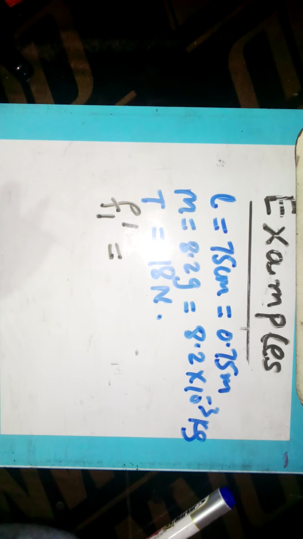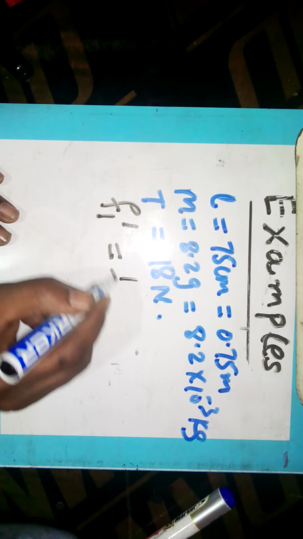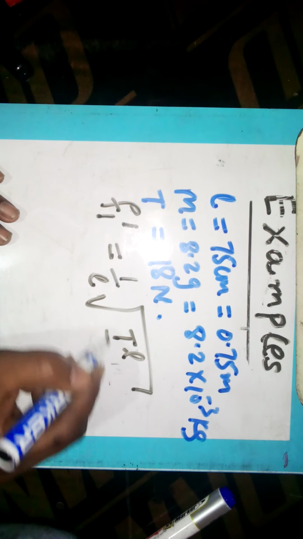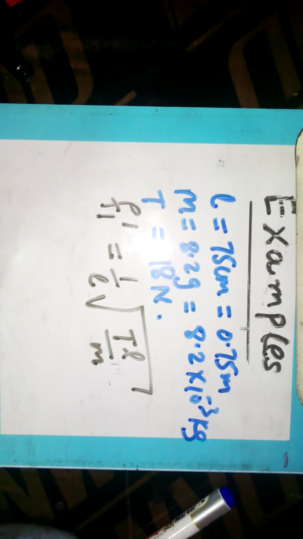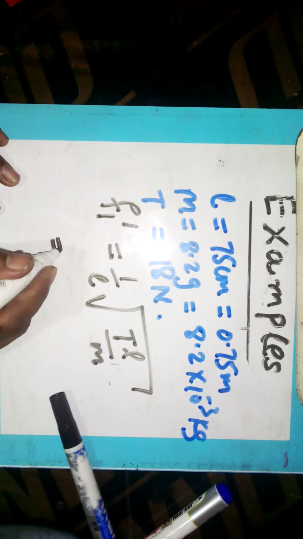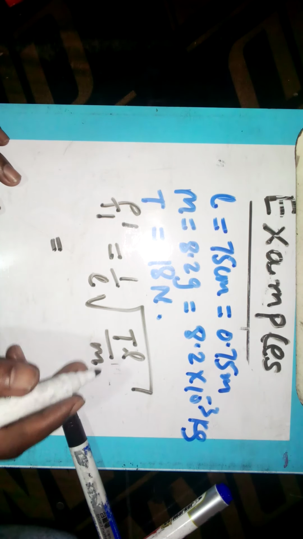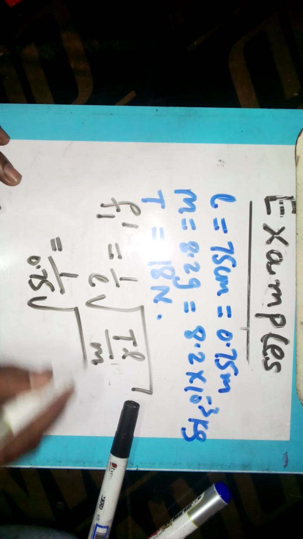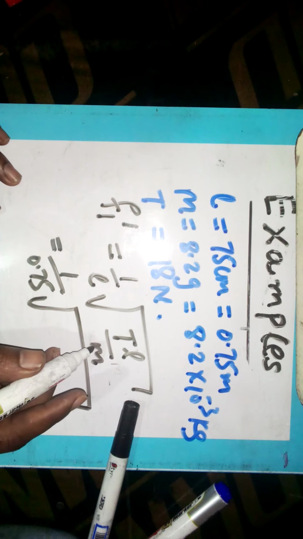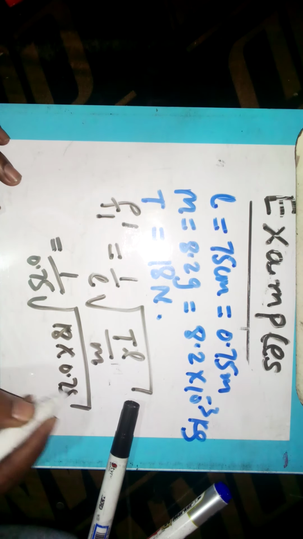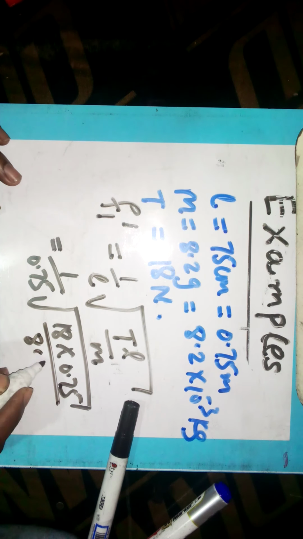To get F1 bar, the formula is 1 over L times the square root of tension times L over M. Now this is 1 over 0.75 times the square root of tension 18, L 0.75, M 8.2 times 10 power negative 3.